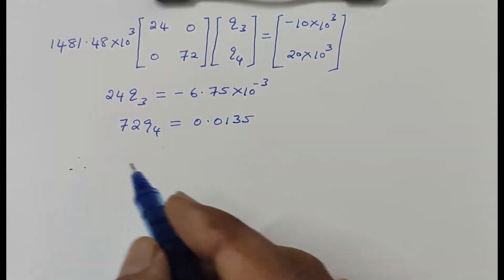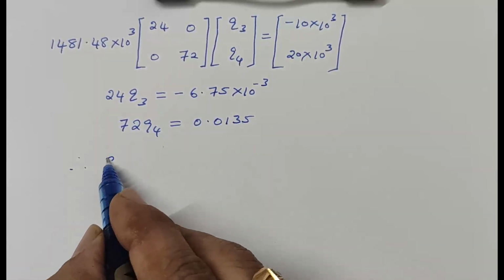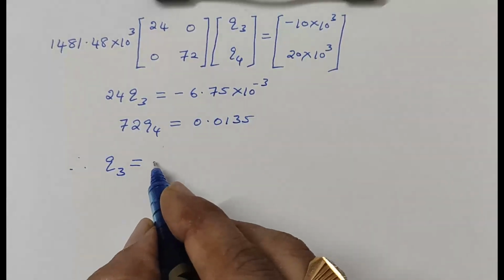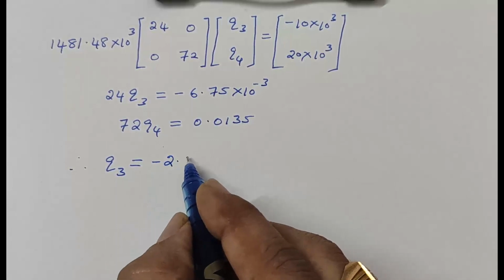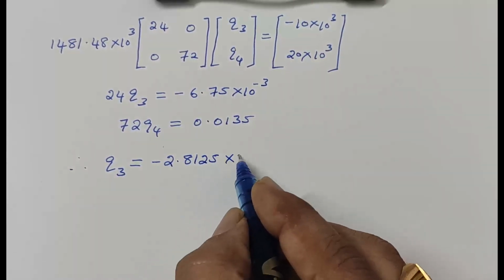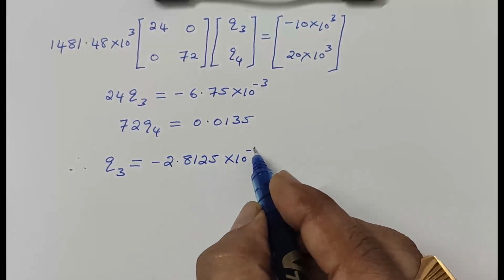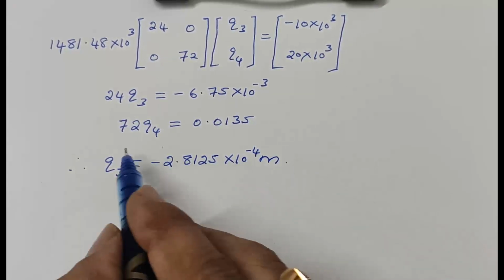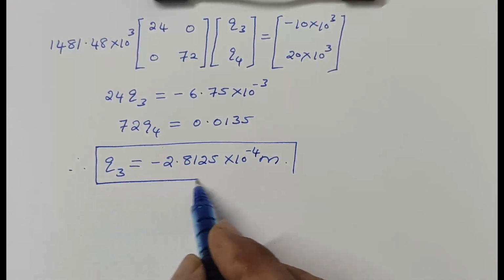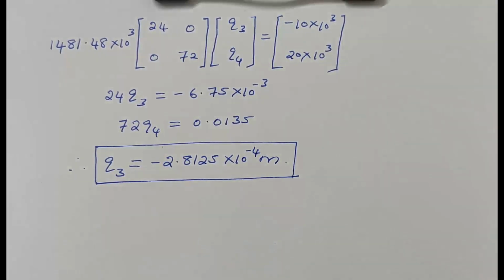Therefore, we will get Q3 is equal to minus 2.8125 into 10 power minus 4 meter. This is Q3, that is the transverse displacement at node number 2.